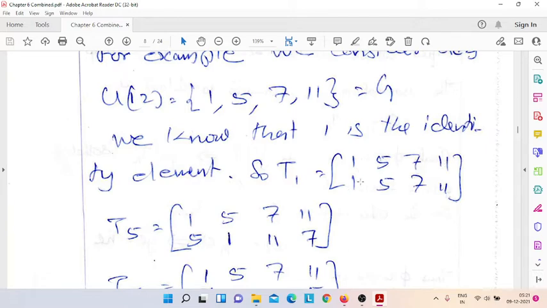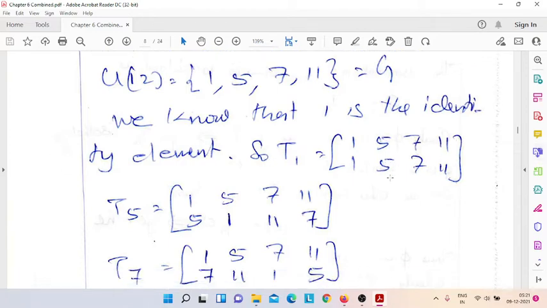That means 1 is sent to 1, 5 is sent to 5, because T1 acts as the identity. So 7 is sent to 7, 11 to 11.